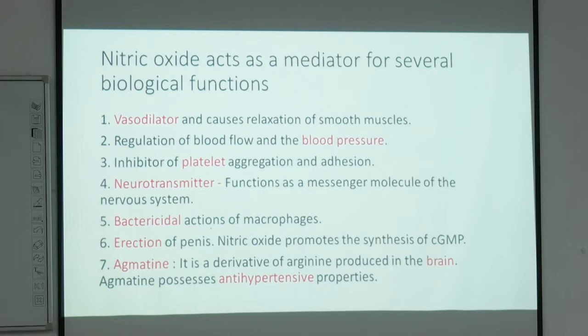So these are some of the functions: vasodilation, blood pressure regulation, platelet aggregation inhibition, neurotransmitter, bactericidal, erection of the penis. Agmatine is present in the brain and it regulates or mediates the blood pressure.